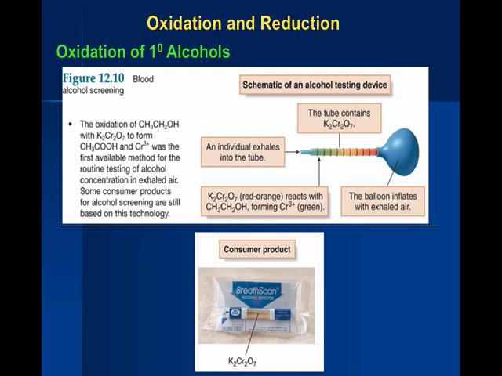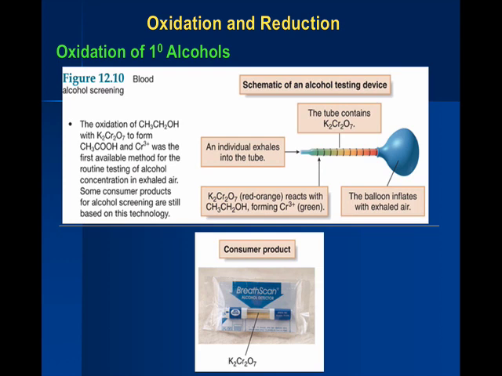Jones reagent. And Jones reagent, chromium salts are colored, and they're typically orange. So you have this orange color. The chromium is in a +6 oxidation state. What you would do is breathe into this tube, and your breath contained vapor of ethanol.